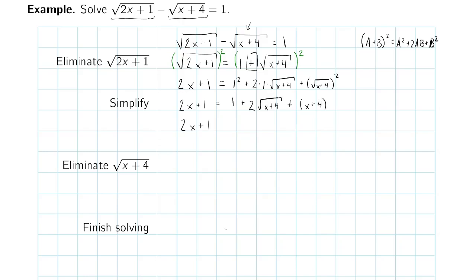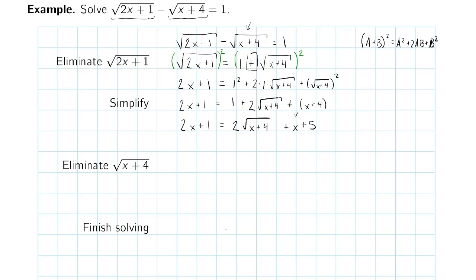2x plus 1 equals, and then we'll combine like terms on the right. 2 root x plus 4 plus only one x term on the right. 1 plus 4 is 5 on the right. And now we want to get 2 times the square root of x plus 4 by itself.